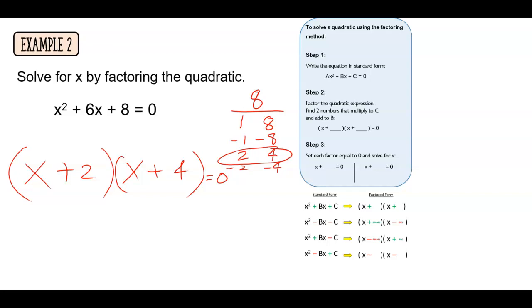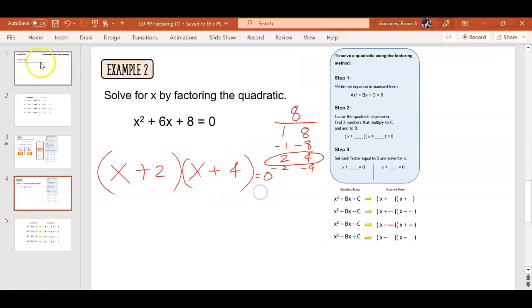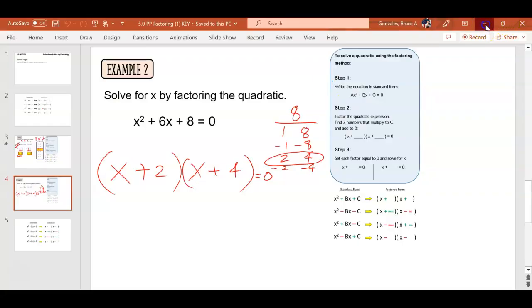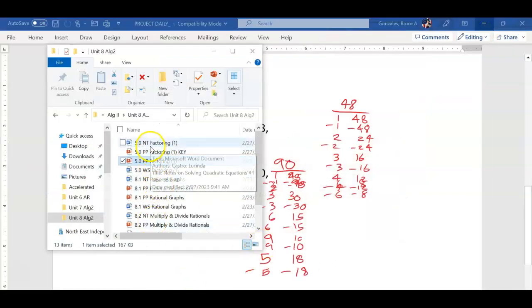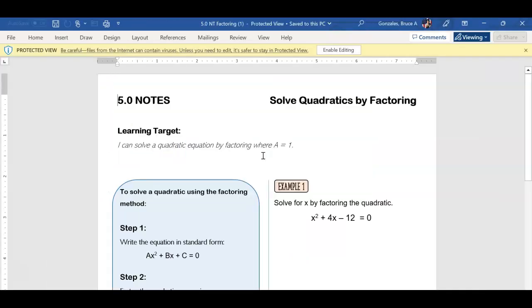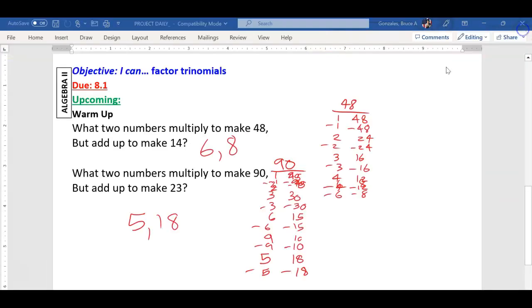Yes. So you could cut them out, but we're not going to cut them out. Wait, not that.